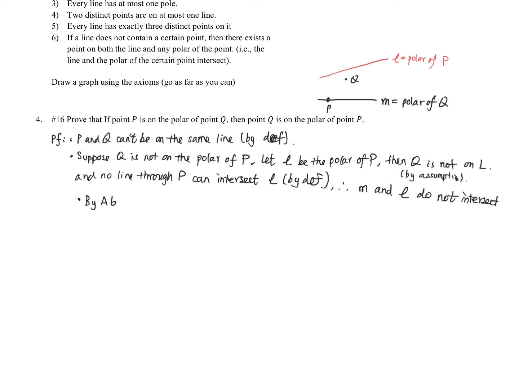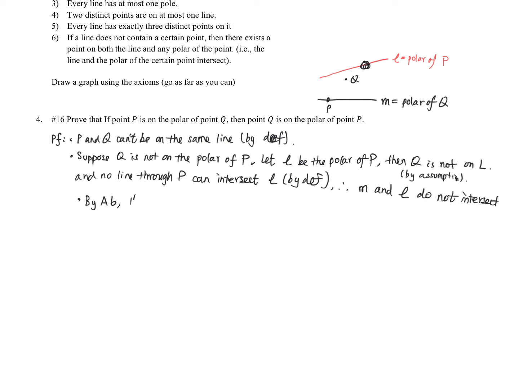In other words, there should be a point on both this line and the polar of this Q, which is this guy. That means these two must intersect, right? That's what A6 says.